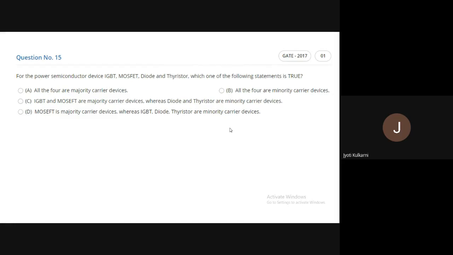Okay. First of all give me the answer to my simple question. Do you know majority carriers and minority carriers? Then we will solve this question. First of all, tell me, do you know the concept of majority carrier and minority carrier? If yes, then we will go ahead. If not, then at least let me explain that concept.